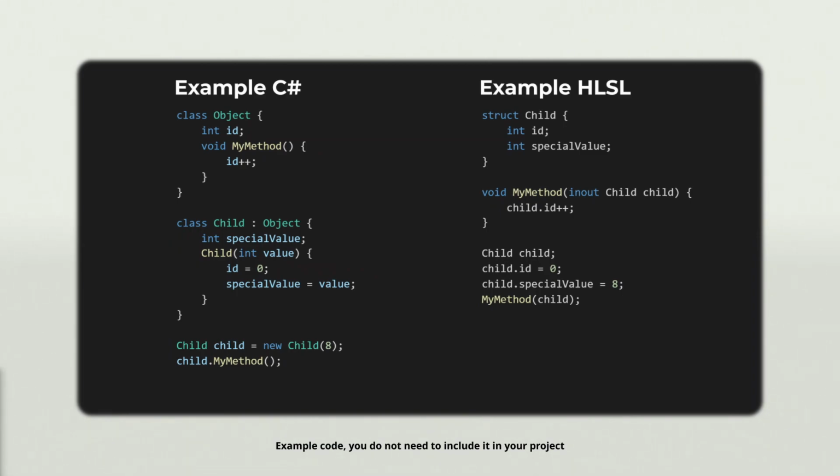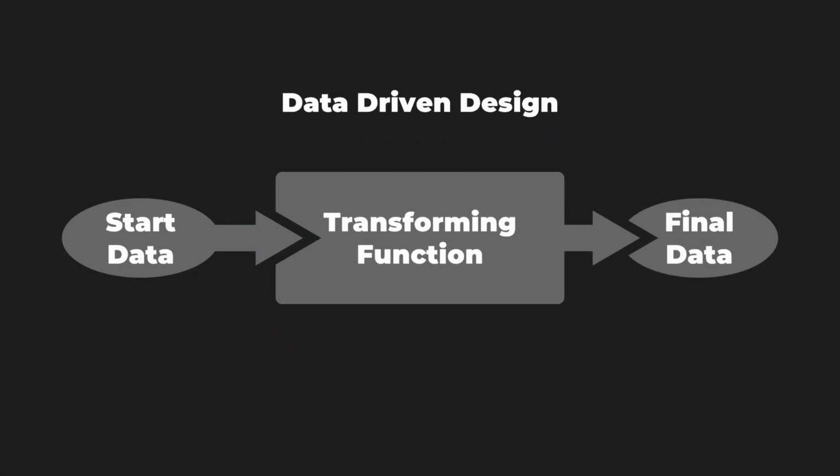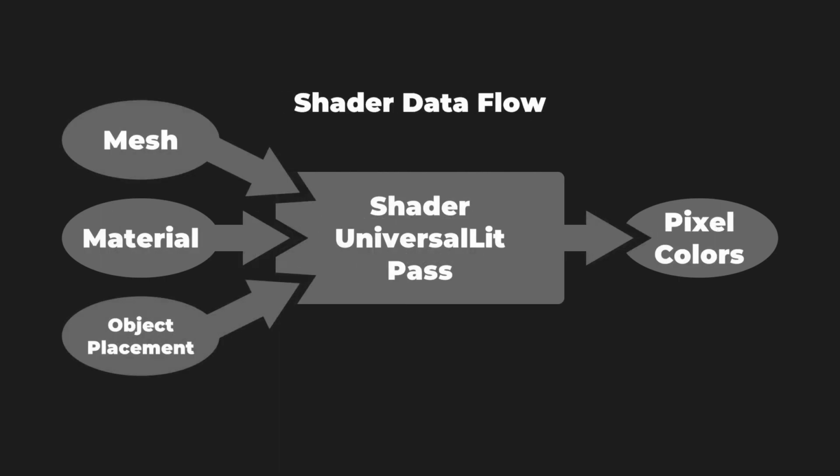You can't define classes or methods or use inheritance. Structs and functions are still available to help you organize your code. If you've ever worked with data-driven design, you'll also feel at home writing shaders. The focus is gathering data and then transforming it from one form to another. In the broadest sense, shaders transform meshes, materials, and orientation data into colors on the screen.